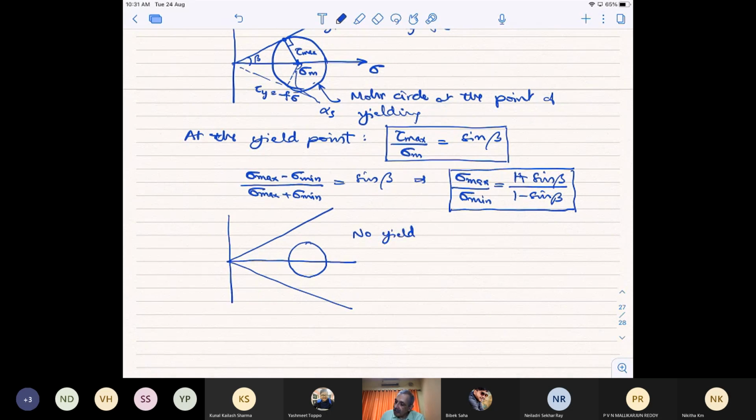The stress is really small and it doesn't actually touch the yield condition. So it's not going to yield. However, when you keep on increasing the stresses, the radius of that circle will go on increasing.